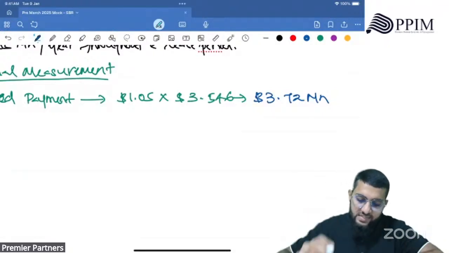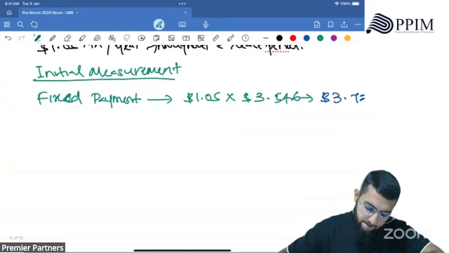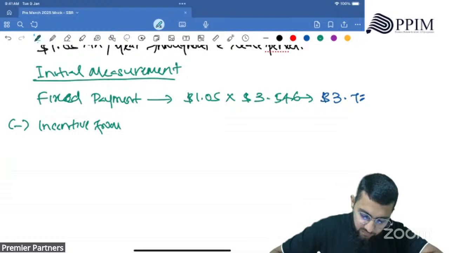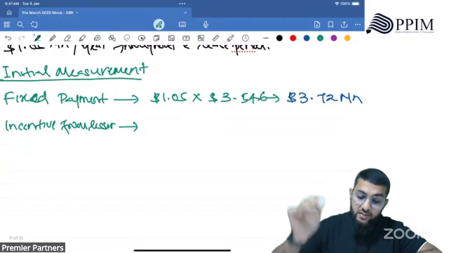Right. Now there's an incentive, right? Which you need to deduct. Minus incentive from lessor. How much is the incentive? Incentive is 525,000 in 1 year's time.